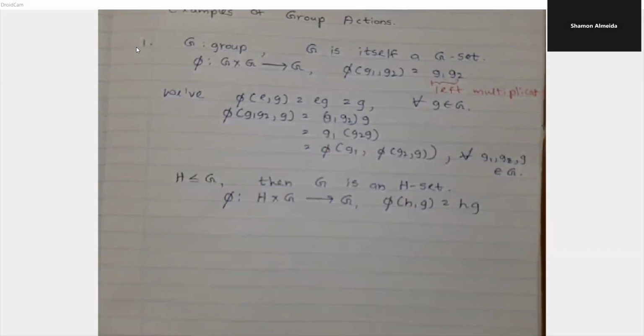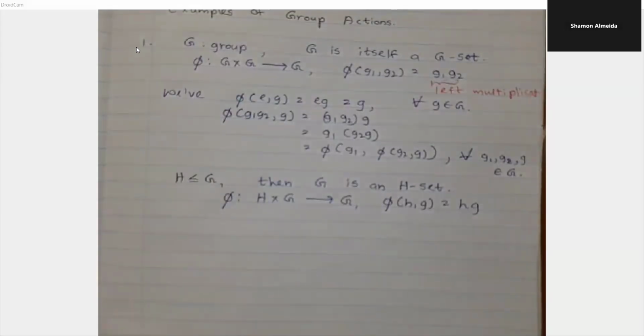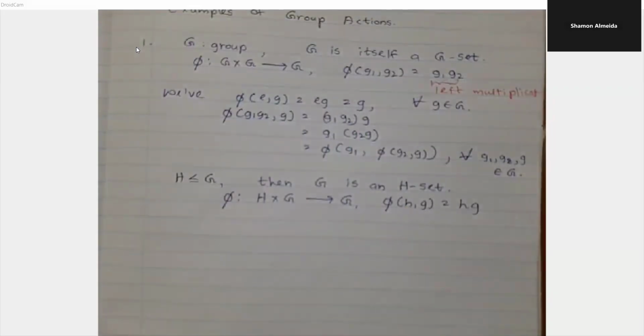But when you take one element from G and one element from H, it doesn't necessarily mean the product will be in H. So when H is a subgroup, we take G to be an H-set, not the other way around. Okay, so this is also easy to see. Once again, H is a subgroup, so the identity is in there, and all these are simply applied. The same thing. This is also a group action.